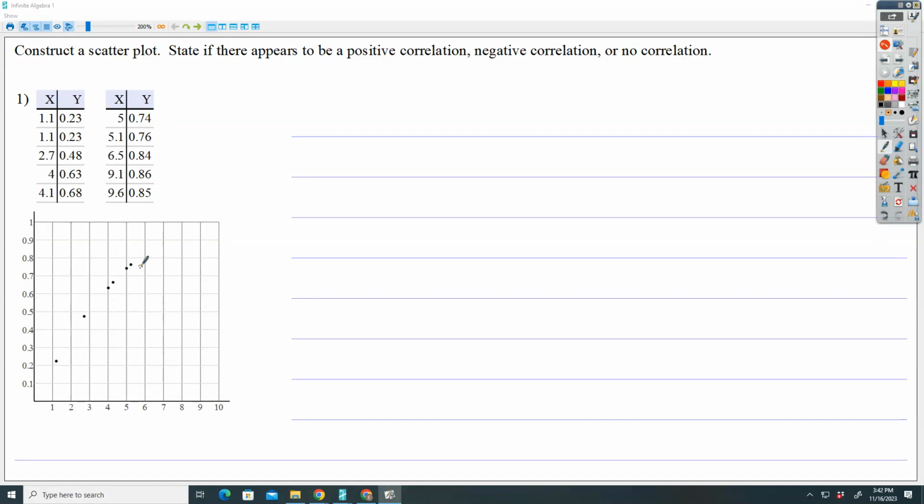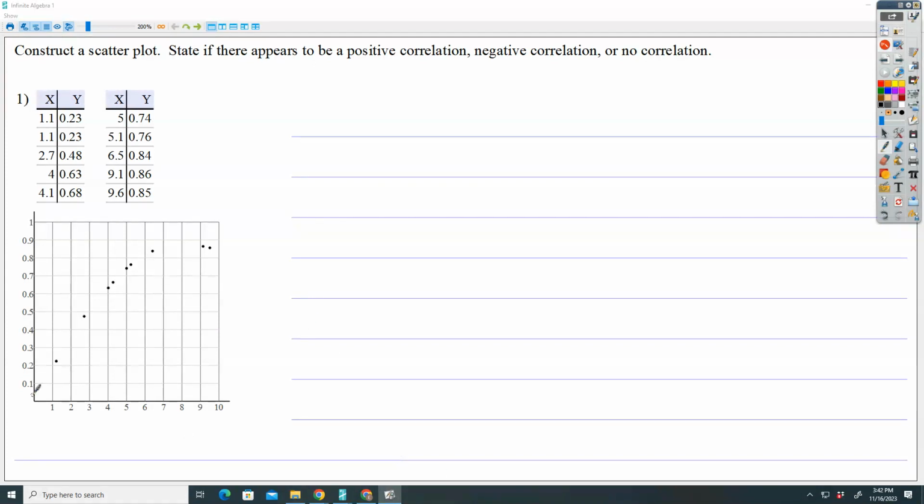And then we have 6.5 and 0.84 somewhere in there. And then 9.1 and 0.86 we'll say is about there. And then 9.6 and 0.85 would be about here.